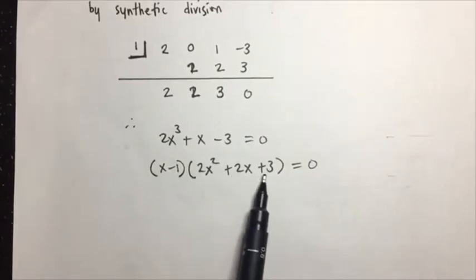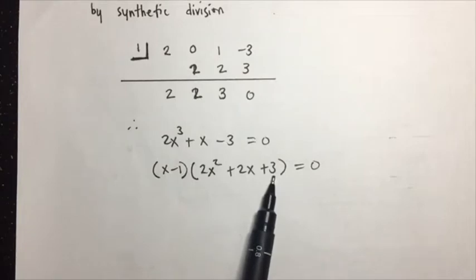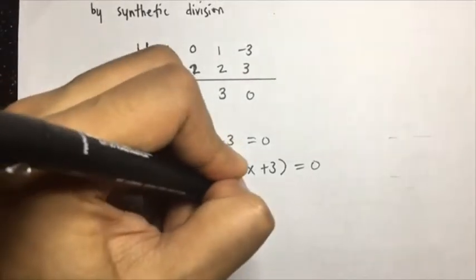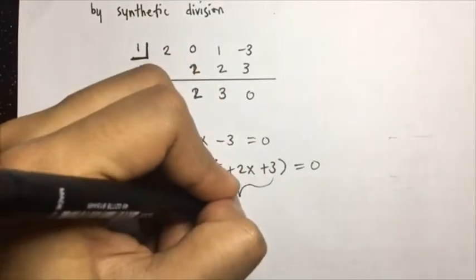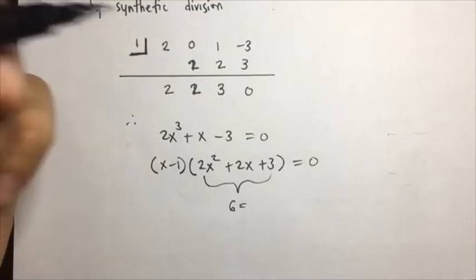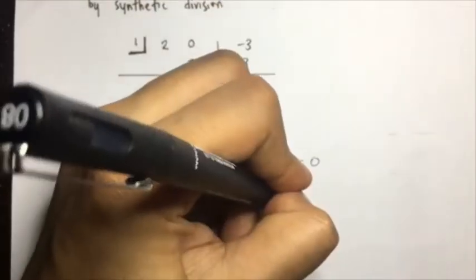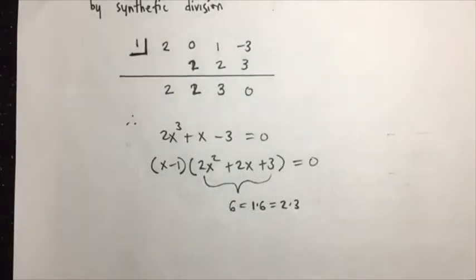So 2x squared plus 2x plus 3. Let's multiply 2 times 3, that is 6. So factor 6 such that the sum of the factors is positive 2. 6 has factors 1 times 6, or it could also be 2 times 3.